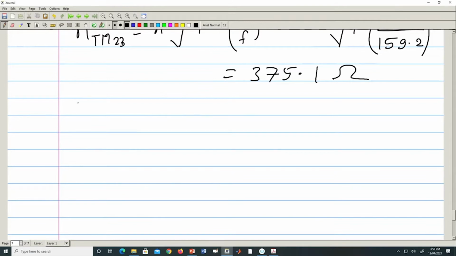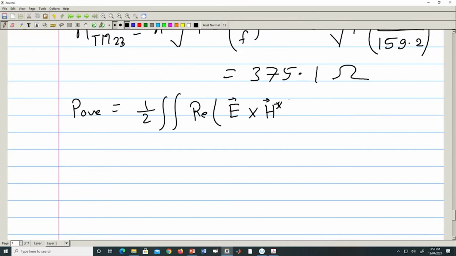Power average can be calculated as 1 by 2 real part of the integral of E cross H star dot ds. From this formula we can calculate the power flow in a rectangular waveguide. So, first we can calculate this.